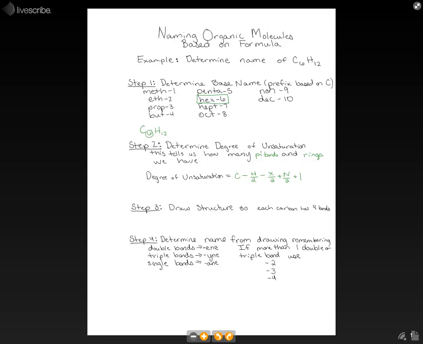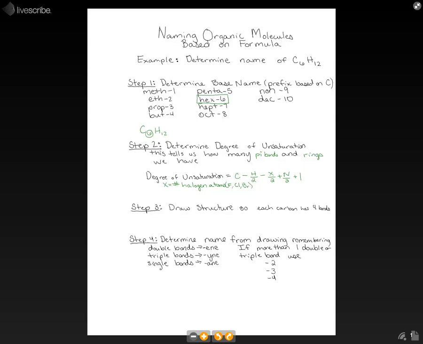Let's just make a note that X equals the number of halogen atoms. That's like fluorine, chlorine, bromine, anything in that group.